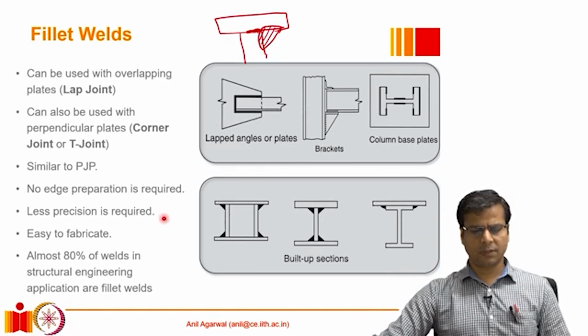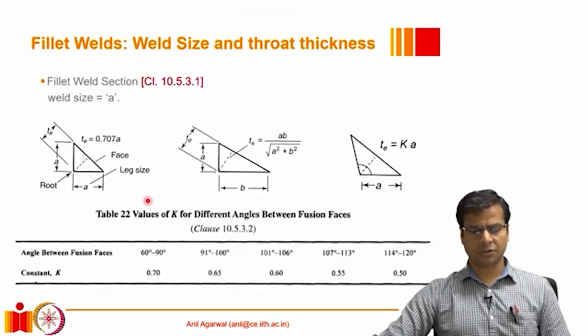And because of this flexibility that they provide, in terms of less precision required and no edge preparation required, fillet welds are easy to fabricate, and therefore they constitute a significant majority of the total welds that are usually practiced in engineering construction.